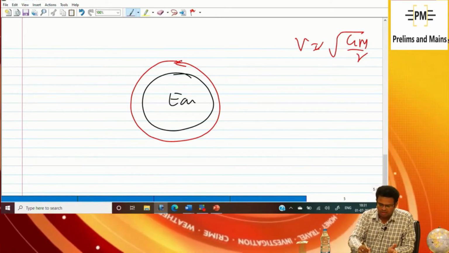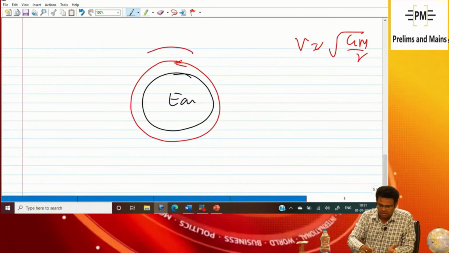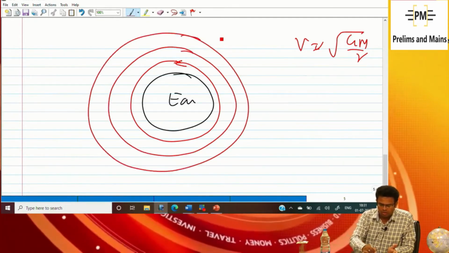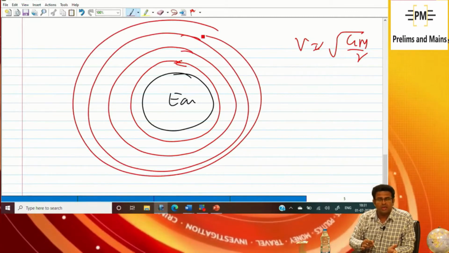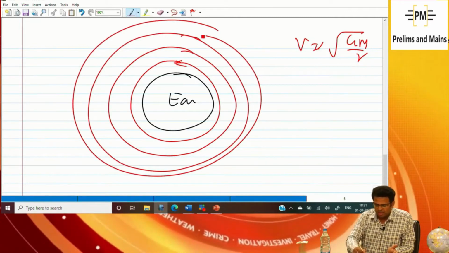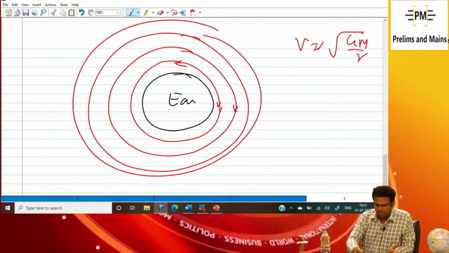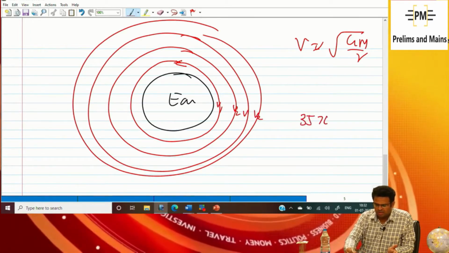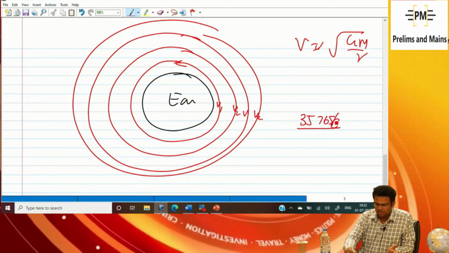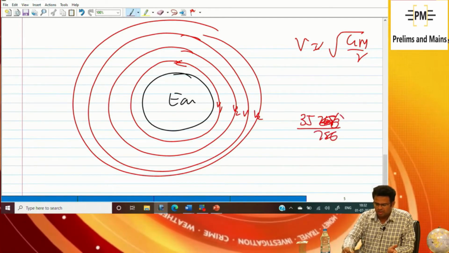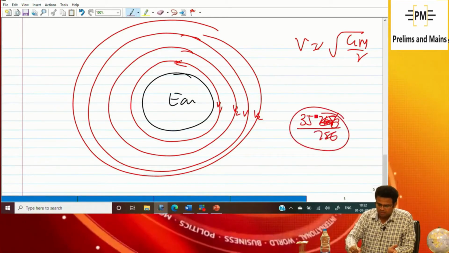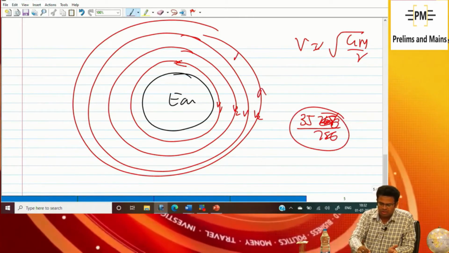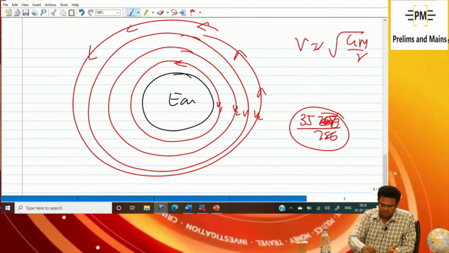Here it is the fastest and a little away, a little slow, a little slower. Yes or not? And at 35,786 kilometers, it has been found that it is taking a time of revolution of what?